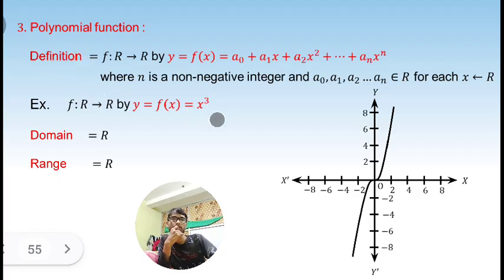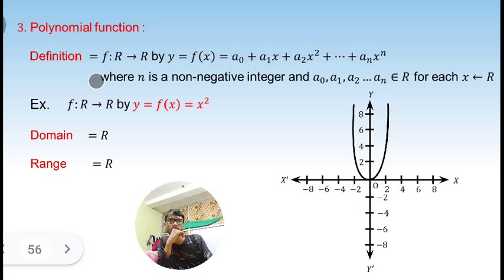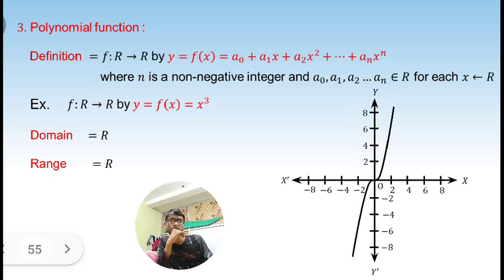So x raised to power 3 is a polynomial function. This is x raised to power 3.